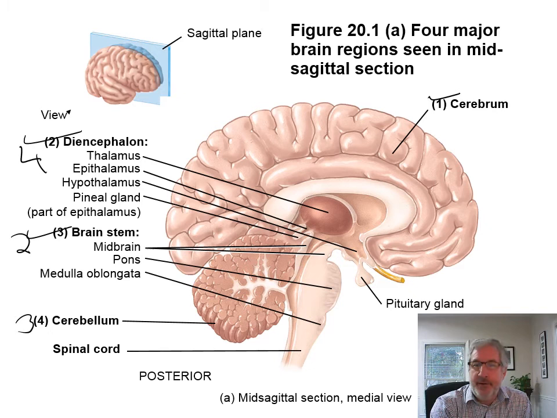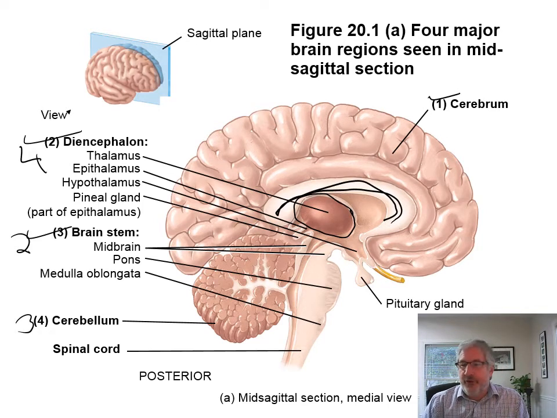And this round structure here is the thalamus. That's one kind of a landmark for you, as the corpus callosum is that big white area there that I was just kind of drawing in the middle of. It's another structure that's really easy to see. And here's your pituitary gland hanging down here off the hypothalamus. Next slide.